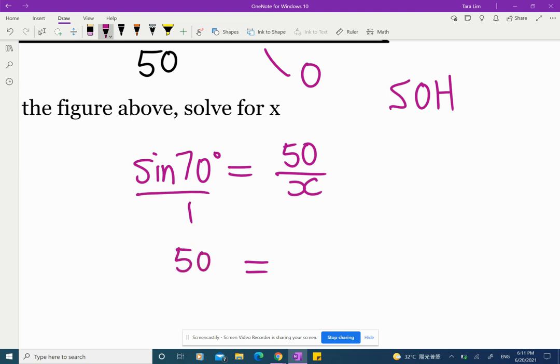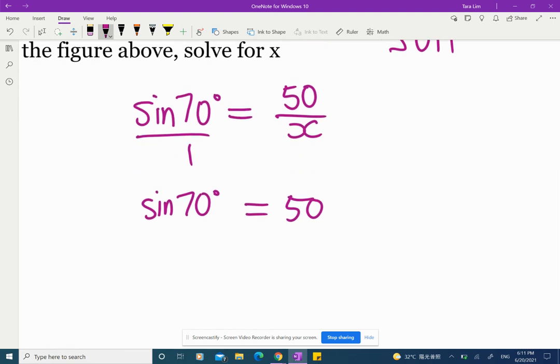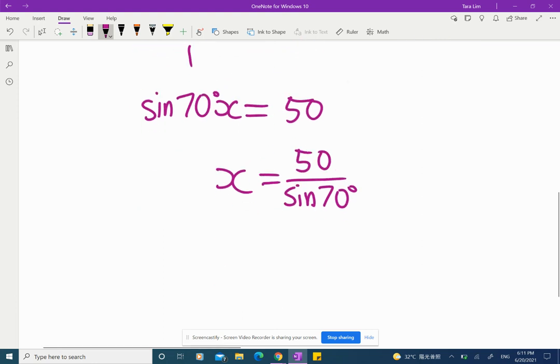So normally we would do 50 is equal to sine 70 degrees times x. Now I want to leave x alone, so 50 divided by sine 70 degrees.